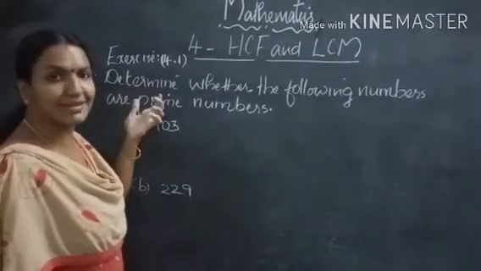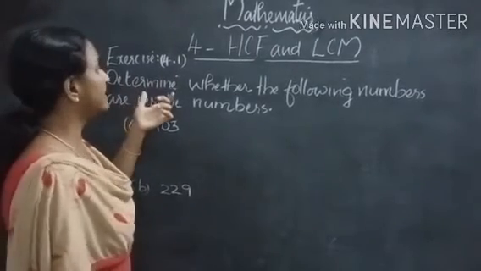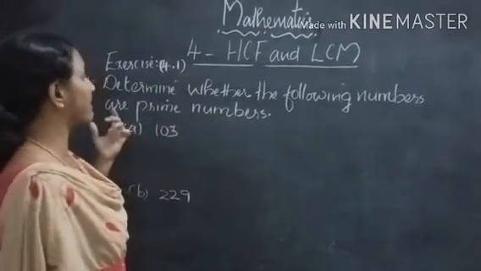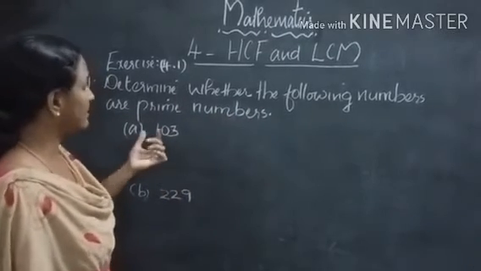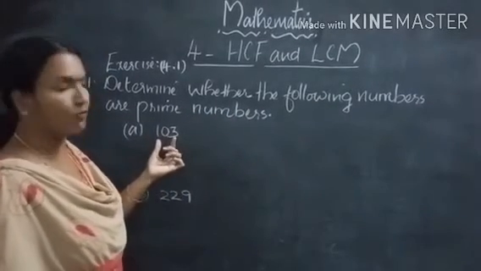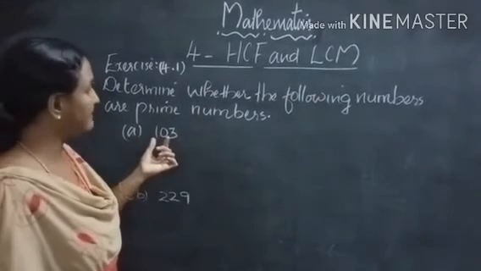Next, we shall discuss the first question from exercise 4.1. Determine whether the following numbers are prime numbers. The first one, 103. 103 is a prime number. Why is it a prime number?